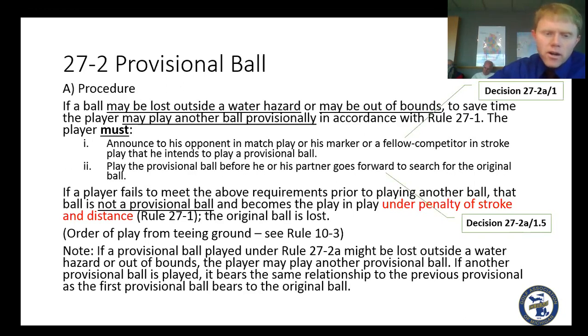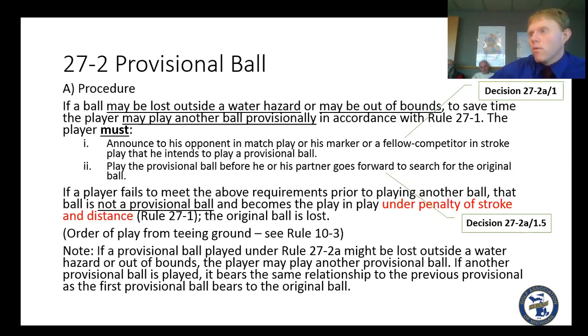And then this last sentence here is basically a long way of saying you can hit as many provisional balls as you want, and the same relationship to each provisional goes for the ball preceding it. So if you hit your first one way left and then you hit a provisional way right, you can hit another provisional and keep hitting provisionals until you have one in play.